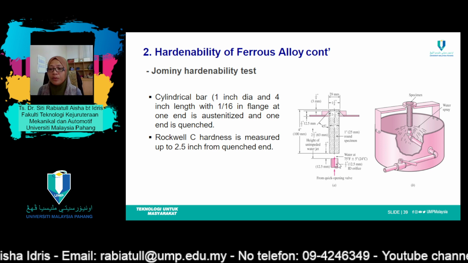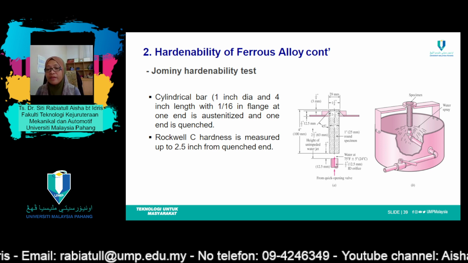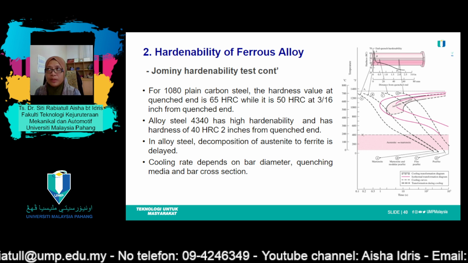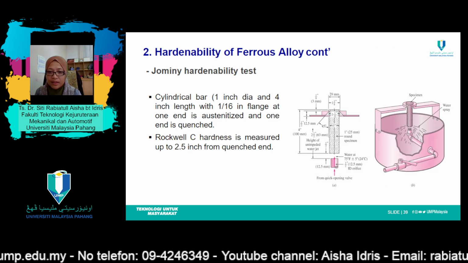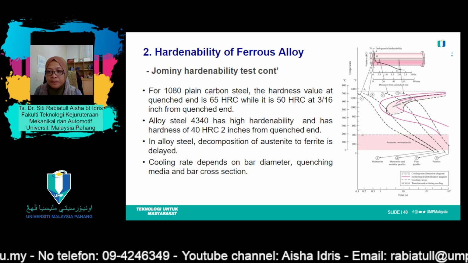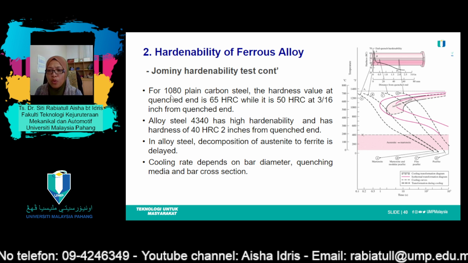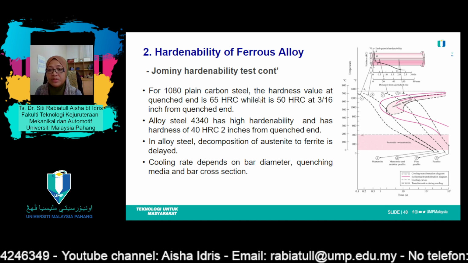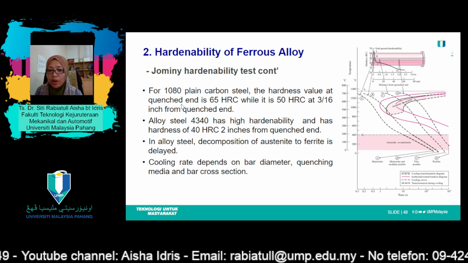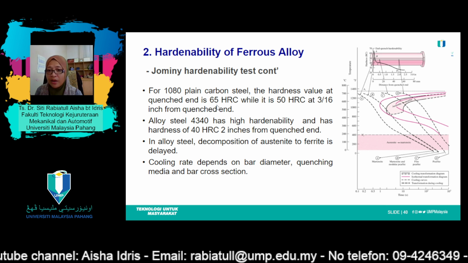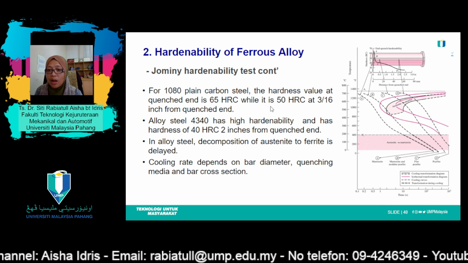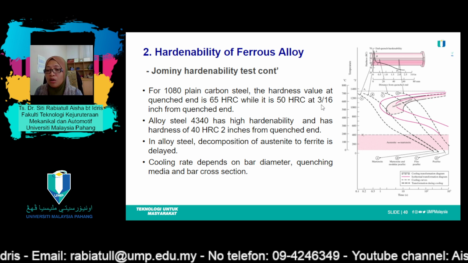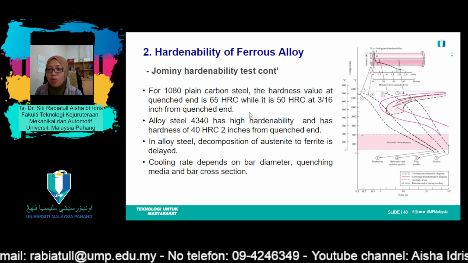After that we can measure the hardness of the material, using either the Rockwell or Brinell hardness test. For 1080 plain carbon steel, this is a code for plain carbon steel, the hardness value at the quench end is 65, while it is 50 at 3/16 inch from the quench end.